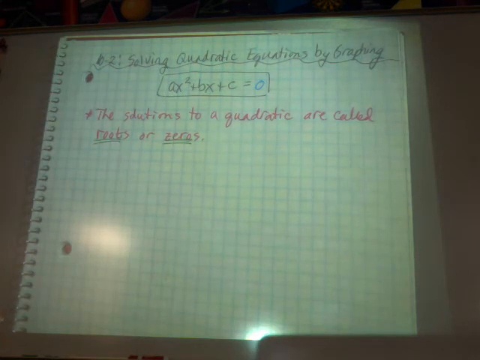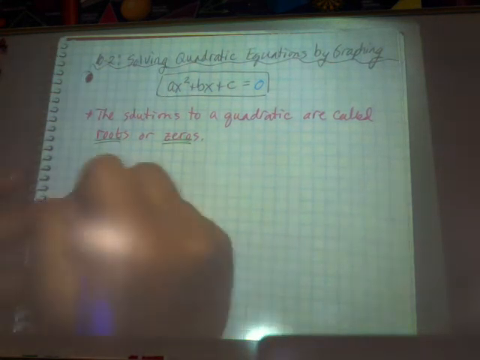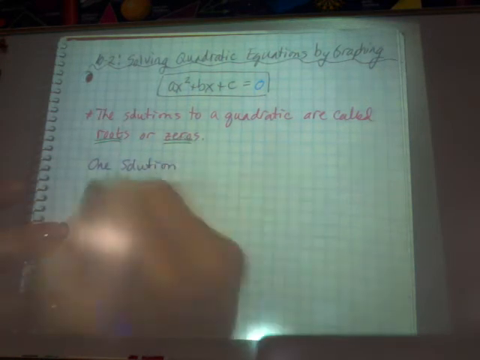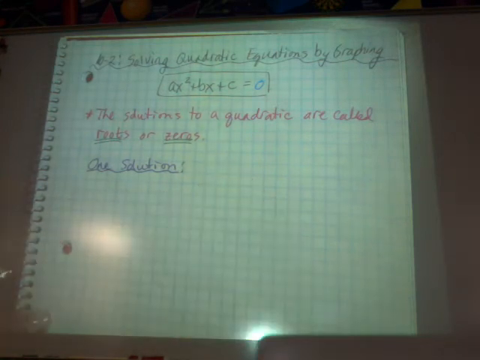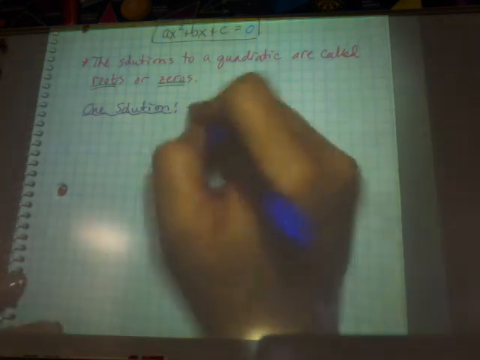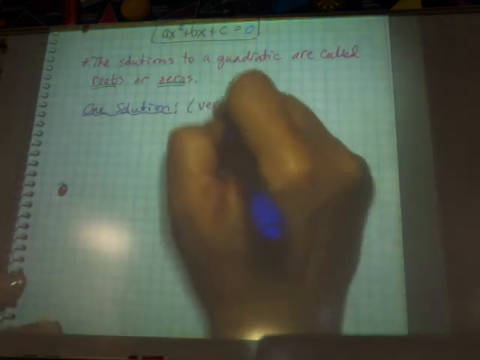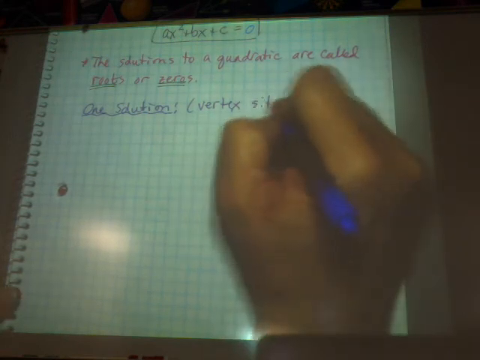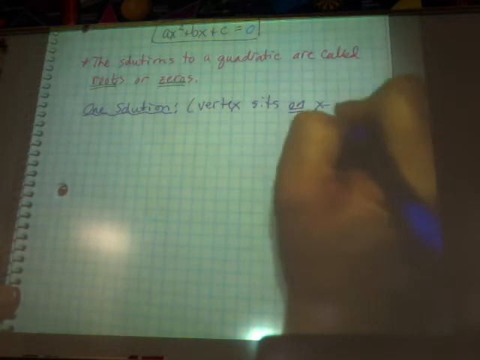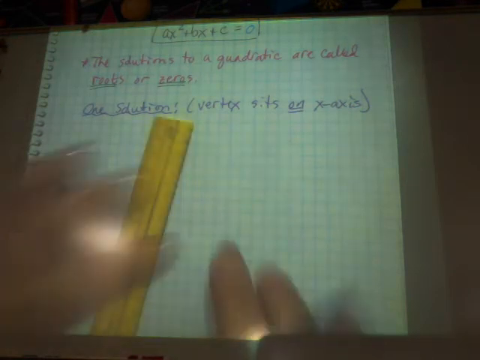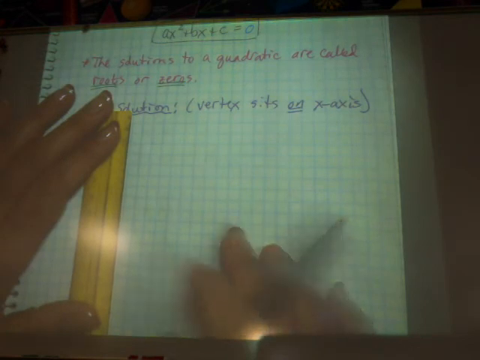We're going to look at when there is one solution, and what did you discover? How is it that we get just one solution? What's sitting? The vertex. So one solution occurs when the vertex sits on the x-axis. So here's my little coordinate grid. You only need like a, I don't know, 3 by 3.